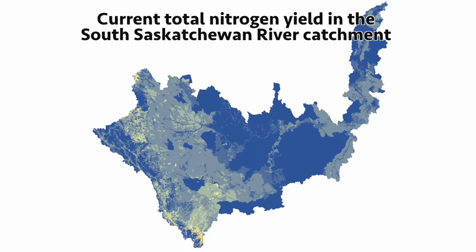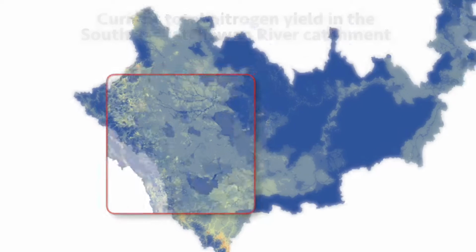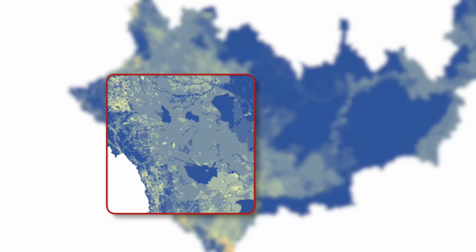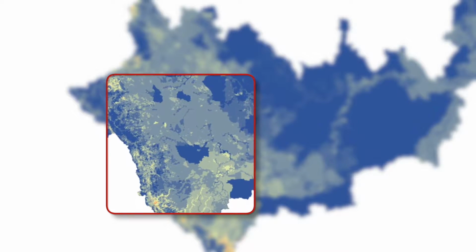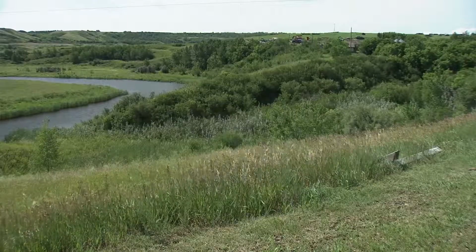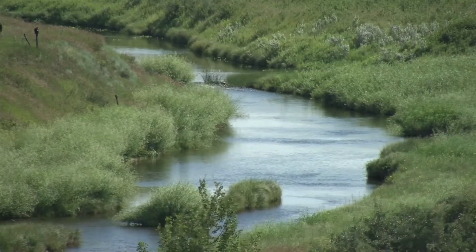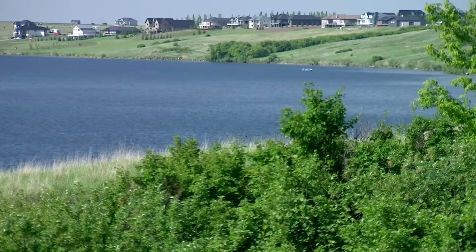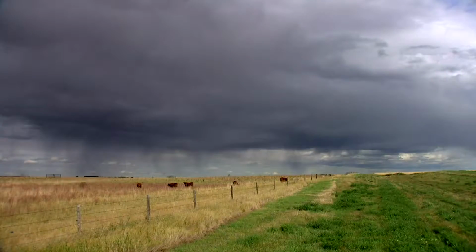What I'm showing you is an averaging of the nutrient loadings over a longer period of time. We see here the lighter colors where we have a higher nutrient loading into the South Saskatchewan River system. This also provides us an opportunity to look at how things might change in the future through land use changes and climate changes. So we'll replace our land use data sets with new data sets.